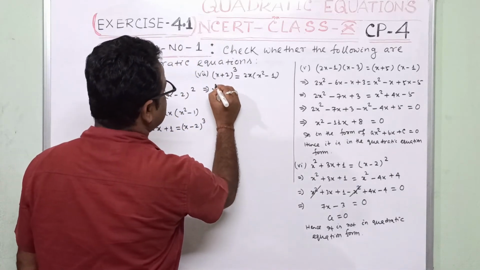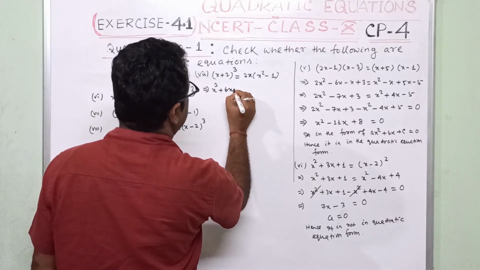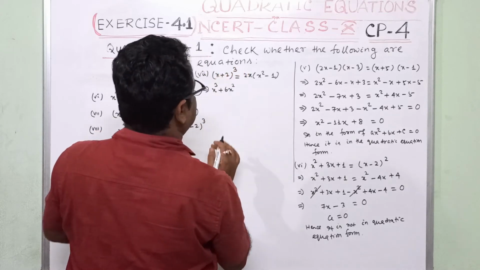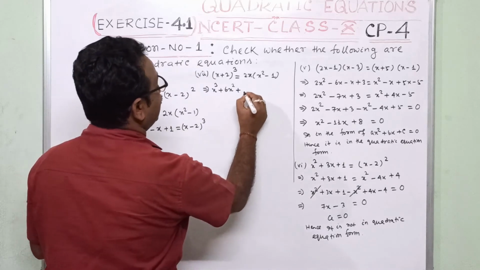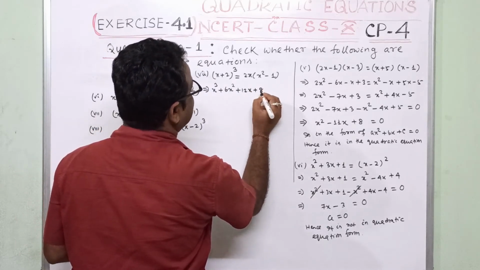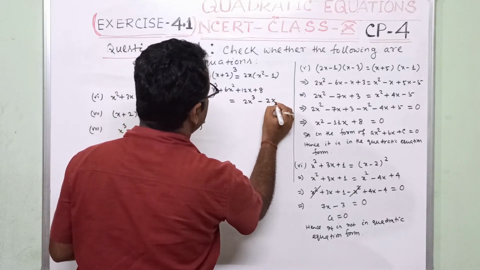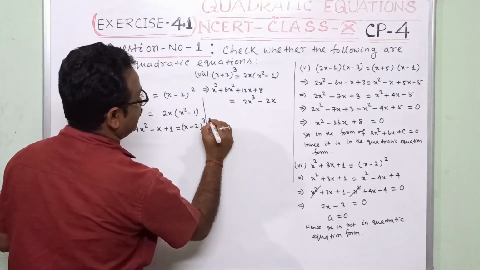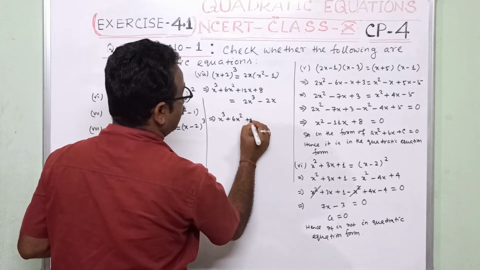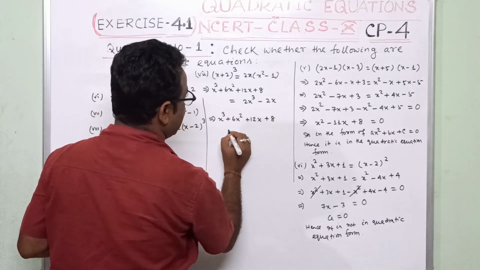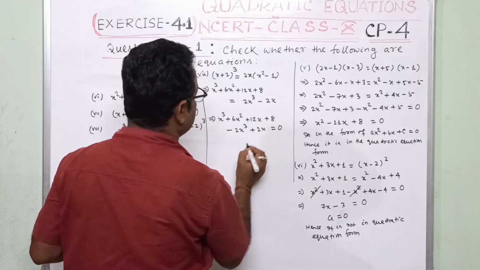So we are writing x cube plus 6x square plus 12x plus 8 is equal to 2x cube minus 2x. That implies x cube plus 6x square plus 12x plus 8 minus 2x cube plus 2x is equal to 0.